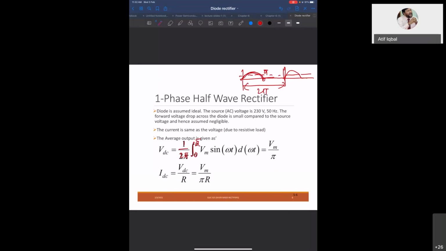So 0 to pi, Vm sine omega t d omega t. And this gives you Vm by pi, where Vm is the peak value of the source voltage. This is the average DC output. And what is the average DC current? VDC by R, so it is Vm by pi R. Okay. This is the DC voltage.